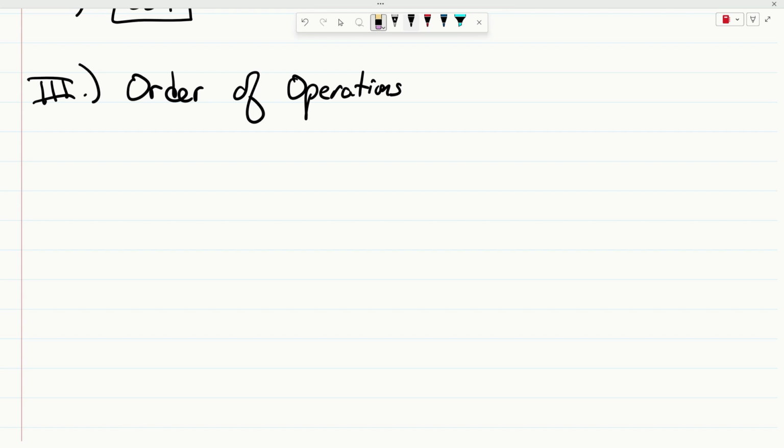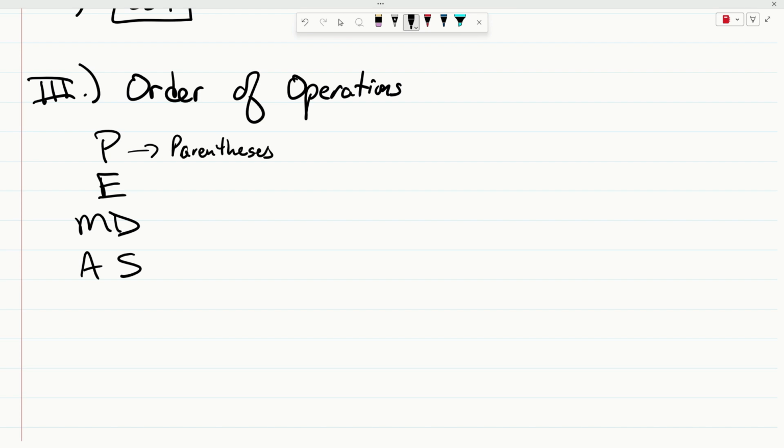The way that I like to write the order of operations is like this. I like to write it as a hierarchy of system. So P is up top, A/S down at the bottom. And the reason is P, I know it stands for parentheses, all right? You always want to do all your work inside of the parentheses, all right?